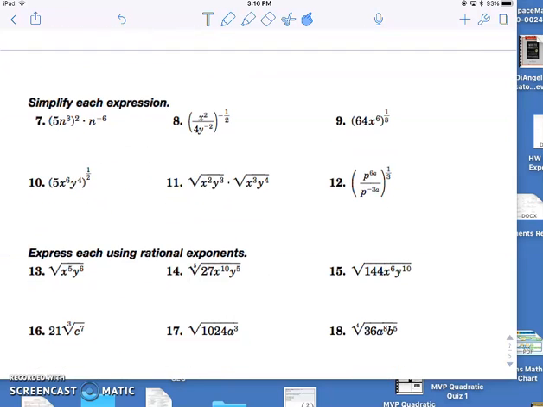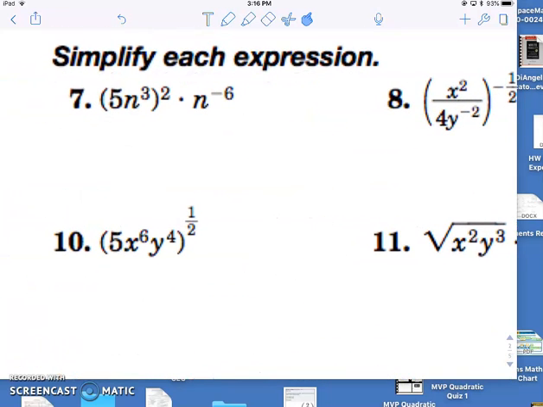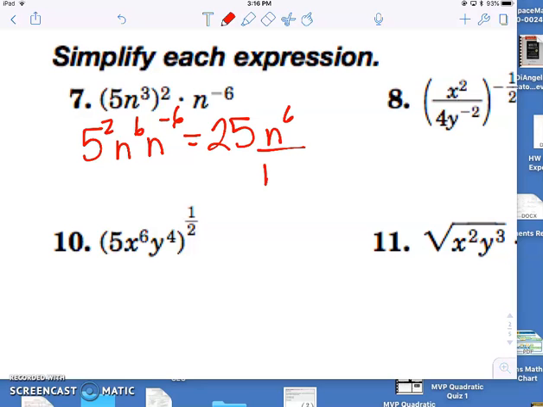Our second page here, if we simplify some expressions, so we have to distribute, so 5 squared n to the 6th, n to the negative 6. Well, 5 squared is 25. If we add these, or we could flip the negative down, it doesn't matter. We could say n to the 6th over n to the 6th. So that's just 25 times 1, or 25.